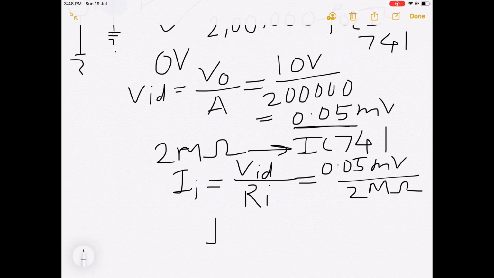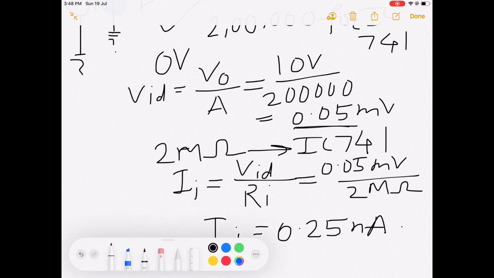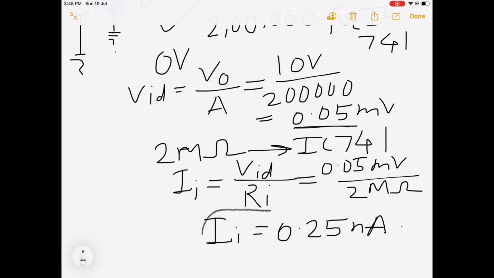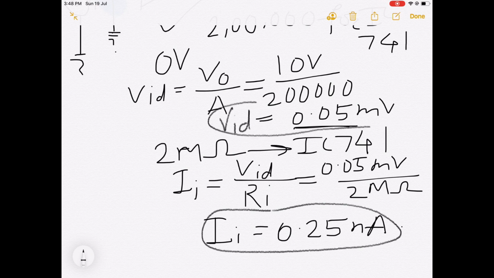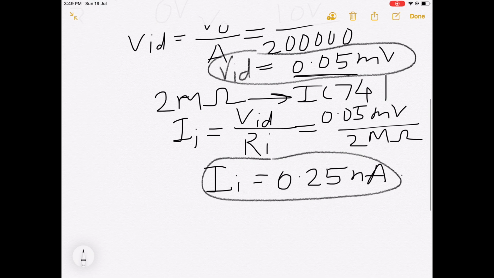So, the current flowing through input terminals will be 0.025 nanoamperes. Okay. So, here we are getting a current that is very small and VID up to 0.05 millivolts, which is very small. Since input current is so small compared to all other signal currents, it can be approximately considered as 0.